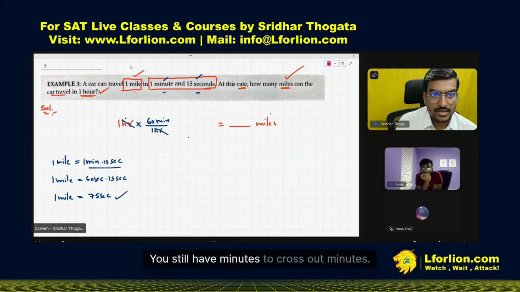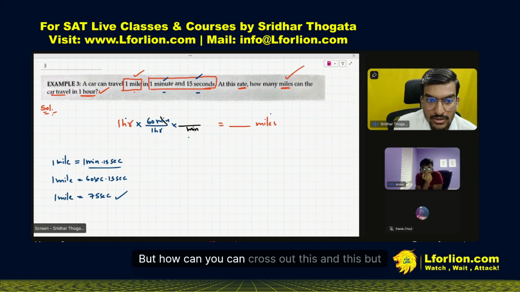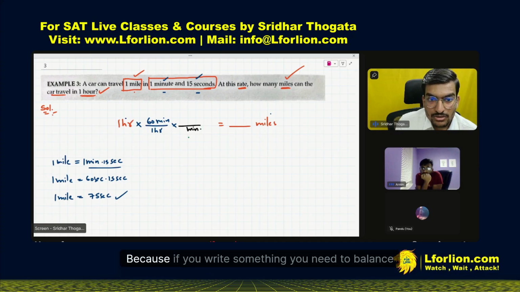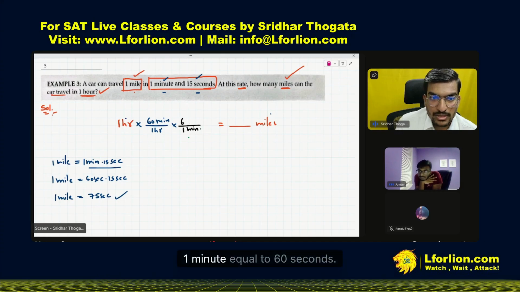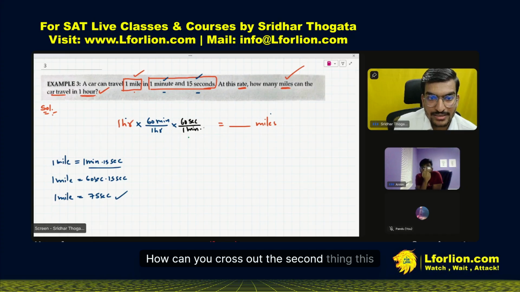To cross out minutes, you write the minute thing in the denominator. But you'll still be left with something, because if you write something, you need to balance. 1 minute equals 60 seconds, right? Now you need to cross out this second thing.